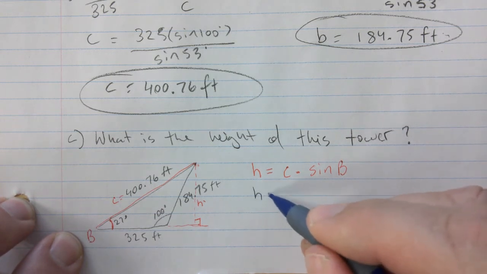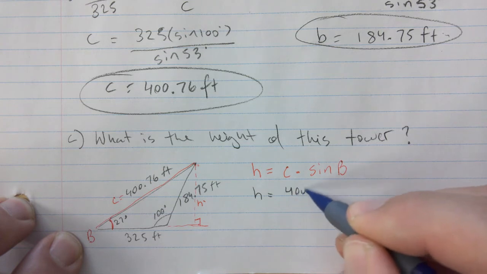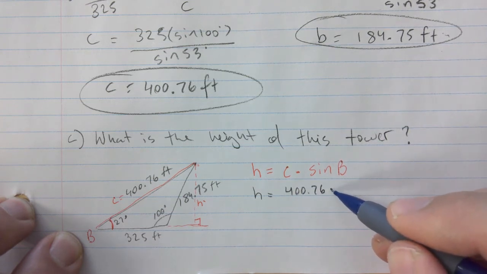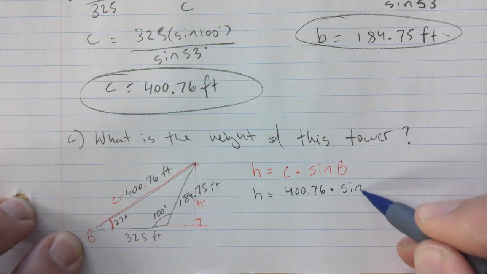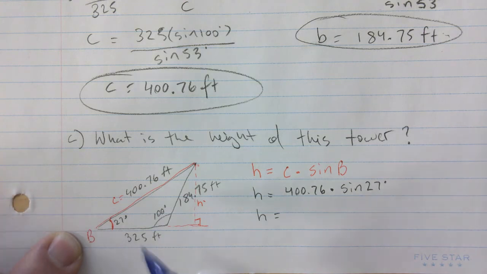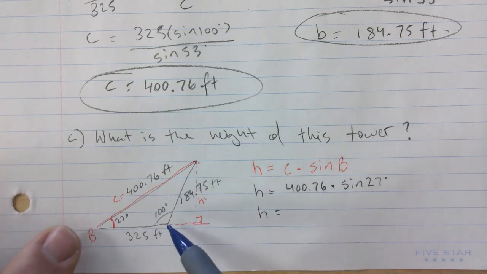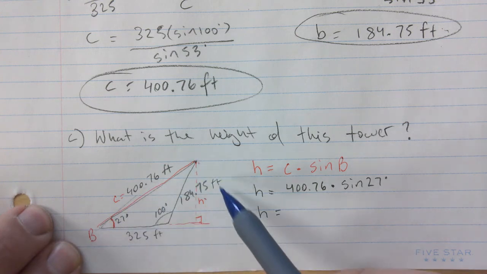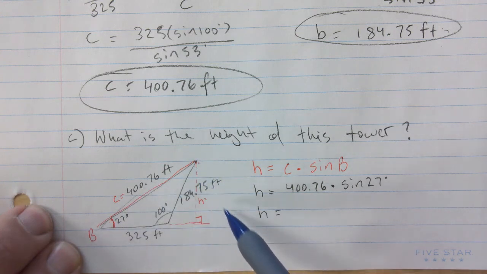So the height of this triangle would be 400.76 multiplied by sine of 27. That automatically gives you the height of the triangle. Even if it's an obtuse like this, it still applies. It could have gone this way, it doesn't matter.